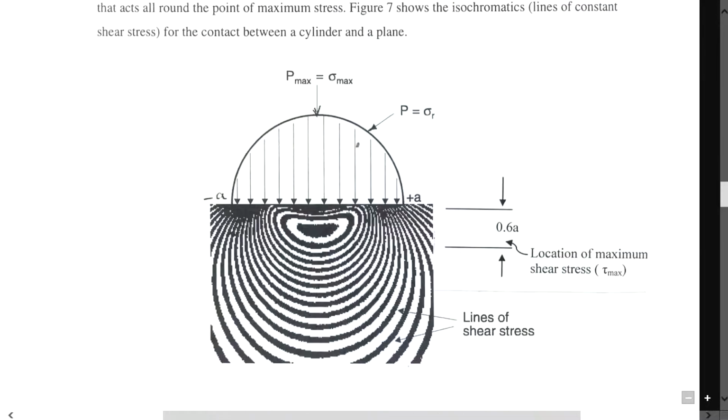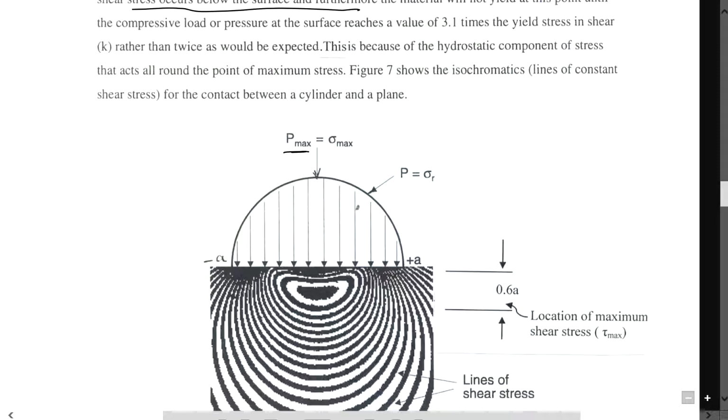So over here, this is the maximum stress at P max. If you were to draw this, this is the ball bearing, this is the surface that is contacting it, and this is the shaft part. When you hit it, this thing will impress it.